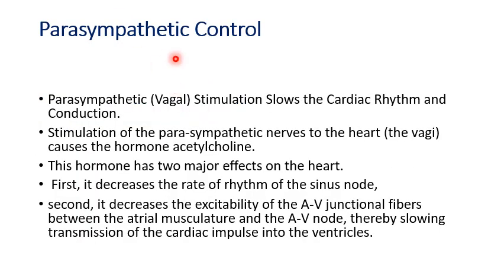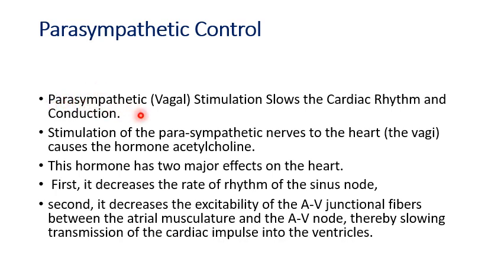Now, there is an important control over the function of the cardiac autorhythmic and conductive system, which is the autonomic nervous system, by the parasympathetic and the sympathetic nervous system. What is the role of the parasympathetic in the control of cardiac rhythm, conductivity and contractility?